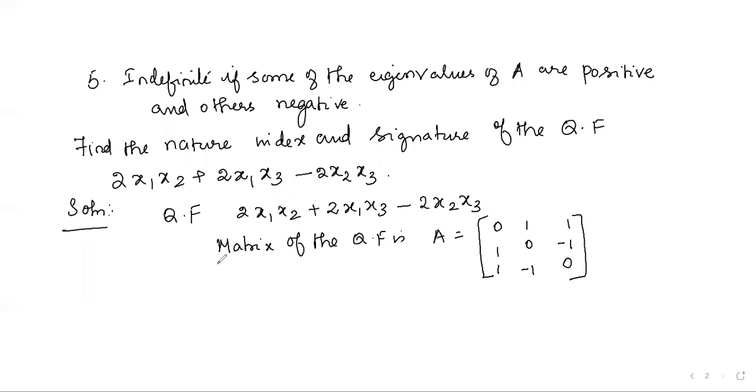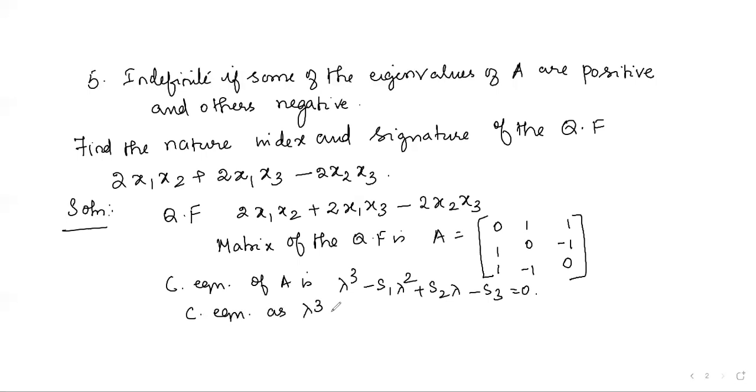And you know how to find out the eigenvalues. The characteristic equation of the matrix is lambda cube minus S1 lambda square plus S2 lambda minus S3 is equal to 0. In the previous lecture, we have seen how to find S1, S2, S3. Here S1 is equal to 0 because all the diagonal elements are 0.